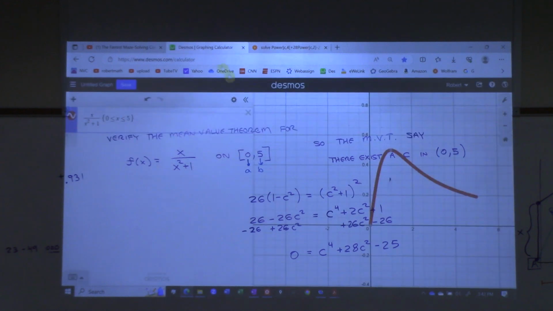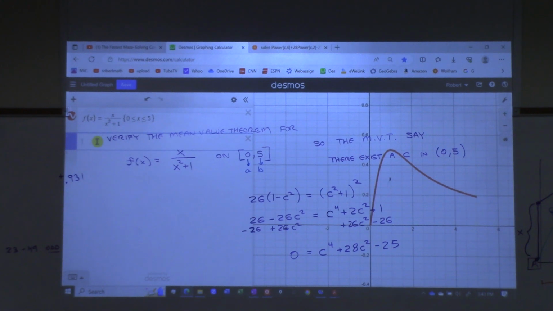I'll make that less thick. That was a little overkill there. Okay, now I'm going to do something here. See what happens if I put f of x. I think it'll still work. Yeah, there we go.